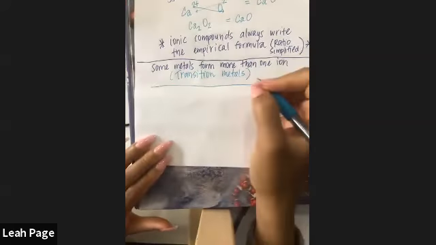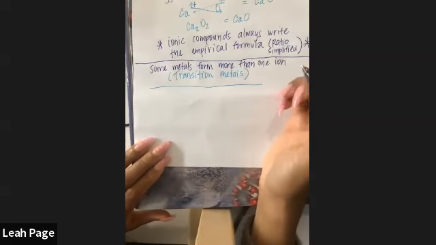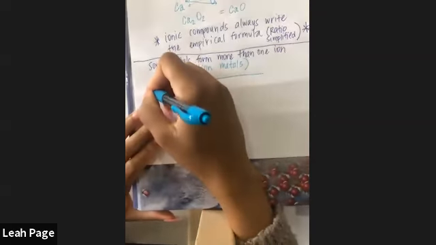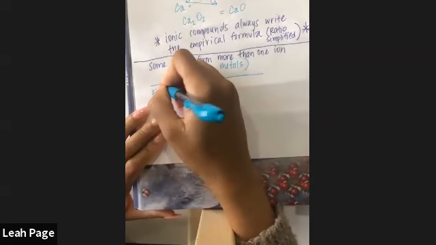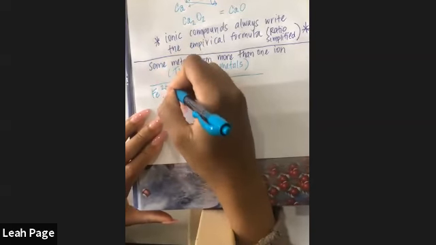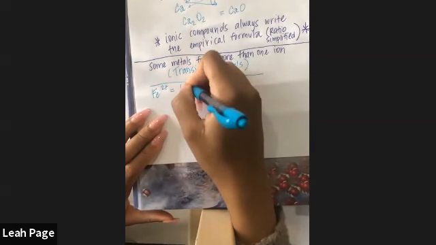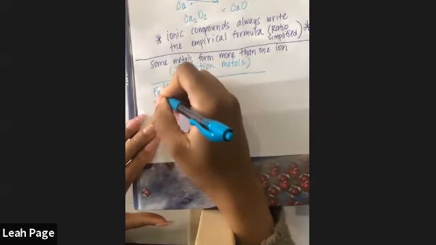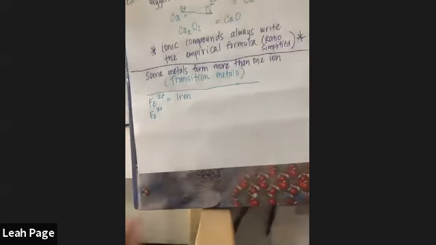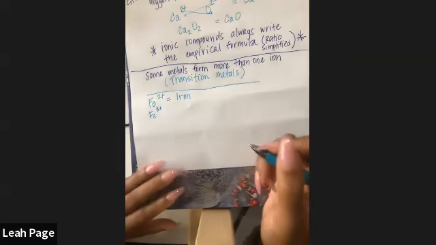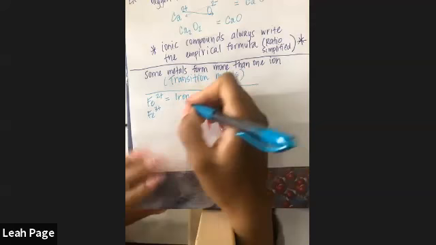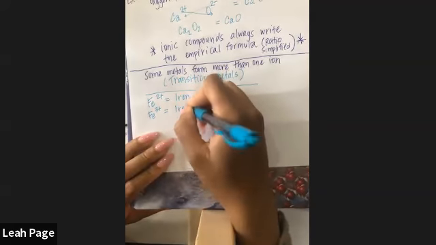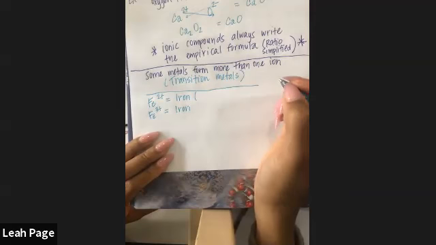There's a table in your book, but I'm gonna give you guys the ones that come up the most in our class. So you can have iron 2+, and the way we write that out is we have to distinguish between iron 3+ and iron 2+, and the way we do that is we write the charge in Roman numerals.